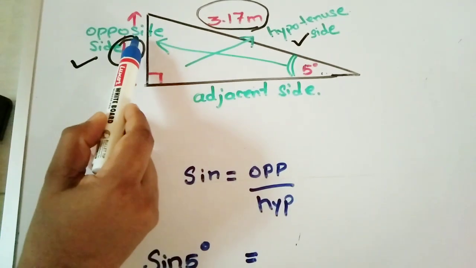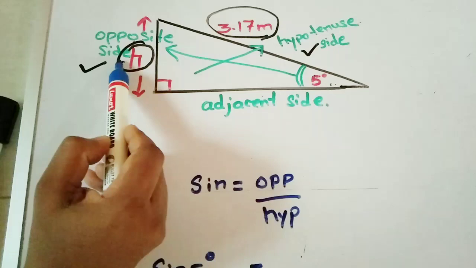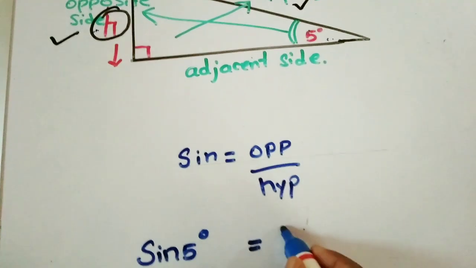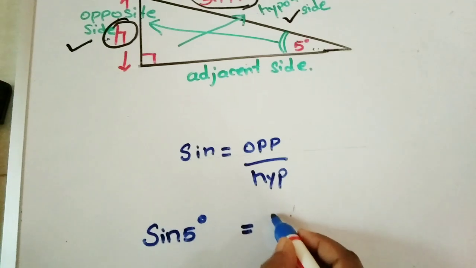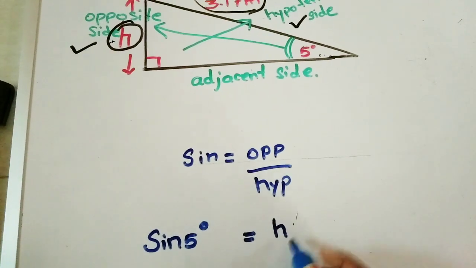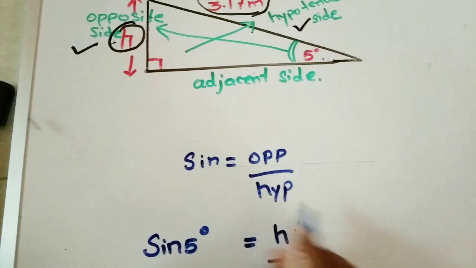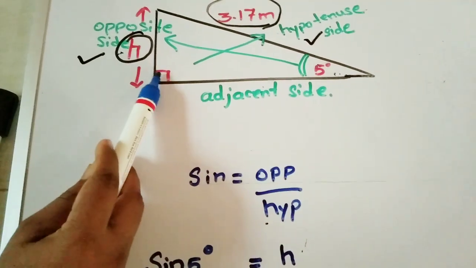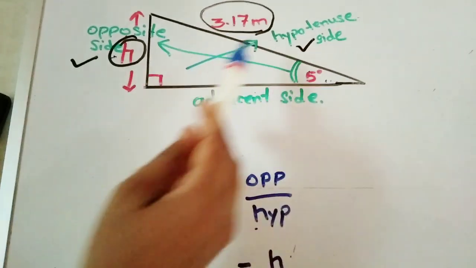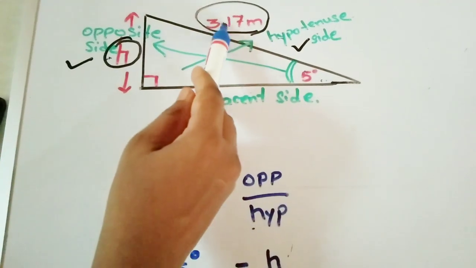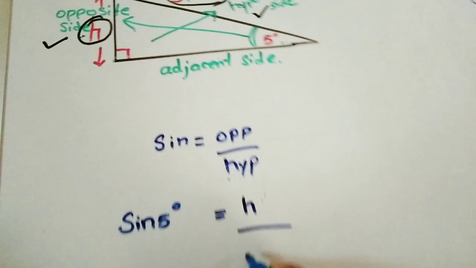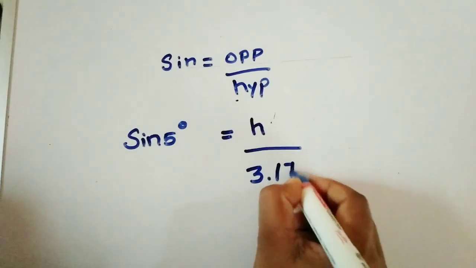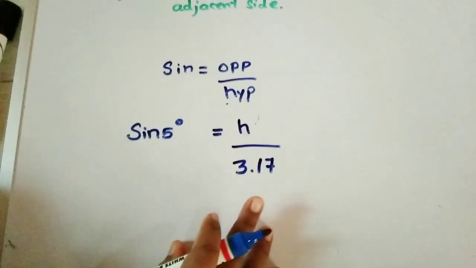Our height, the unknown height. So we named it as h. So the same h here for opposite side over hypotenuse. What is the hypotenuse side here? The hypotenuse side is opposite to 90 degrees. That is given here, 3.17 meters.